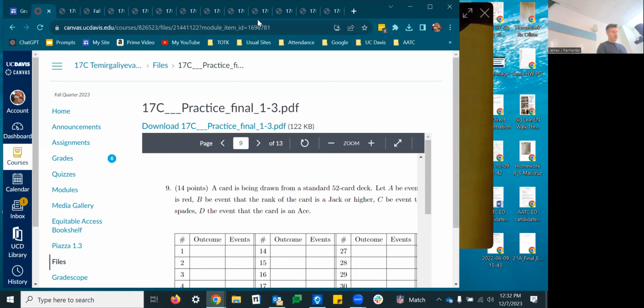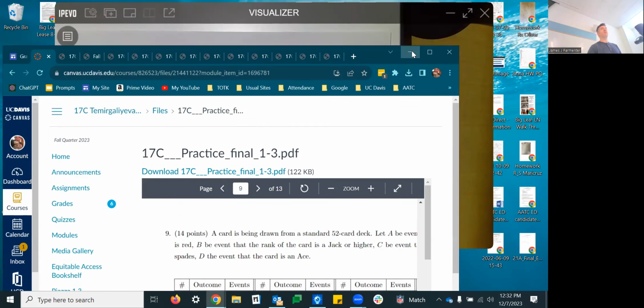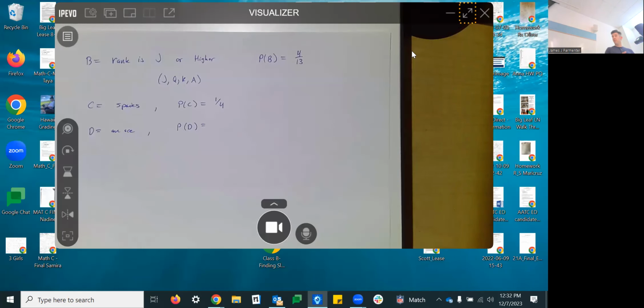And then finally, D is the event that the card is an ace. And the probability of drawing an ace is what? Not 4 over 13. You could say 4 over 52 or 1 over 13.